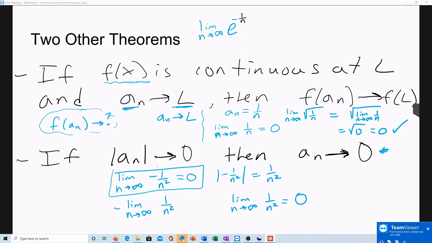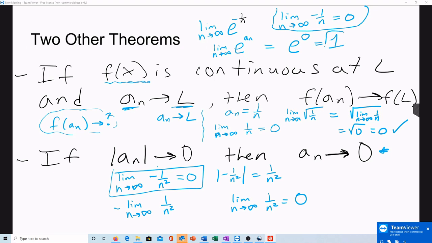But I could think of this as e is the function f, and I'm doing it to a sub n here, where a sub n is just negative 1 over n. Well, do I know this limit? We actually said that was already 0. So then the limit of this should just be equal to e to the answer I got right here, which is 1. Boom.